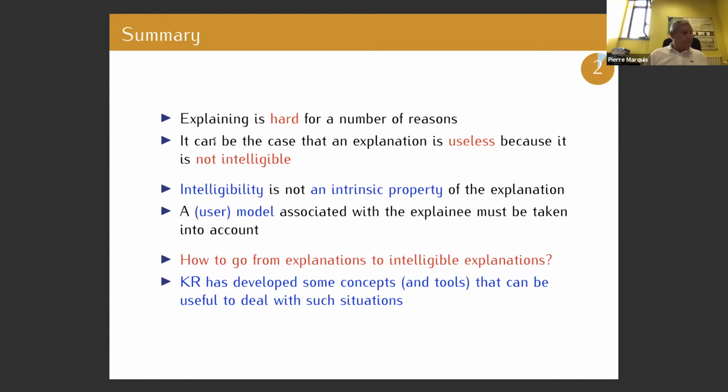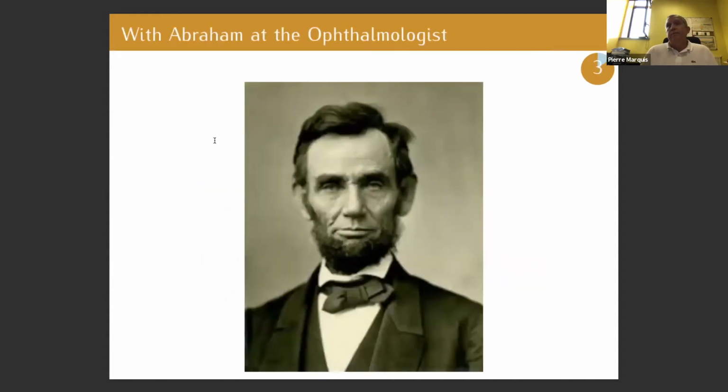Okay? So let me start with quite a basic scenario, an example, in order to make the intelligibility question more concrete. Okay, so let's go with Abraham at the ophthalmologist.